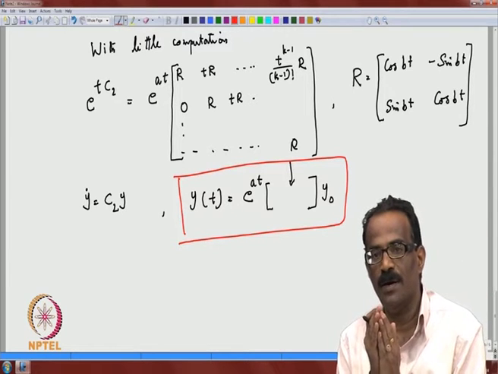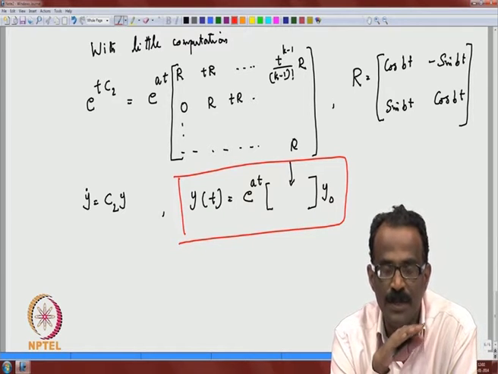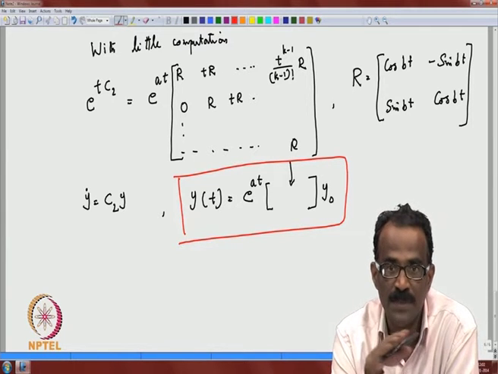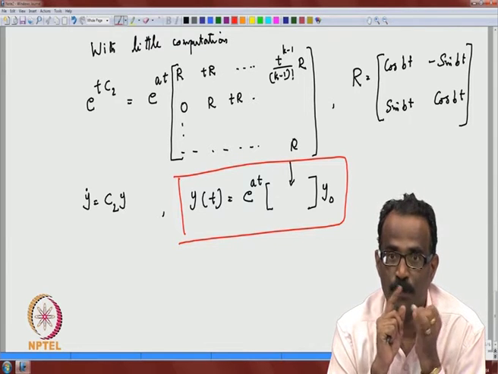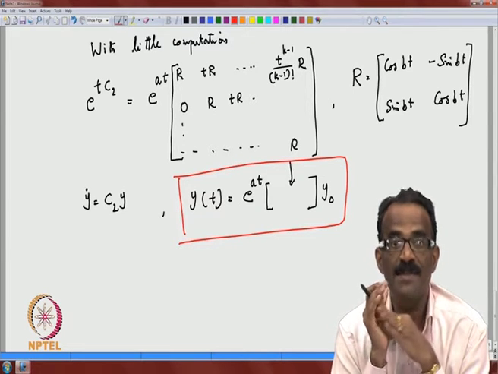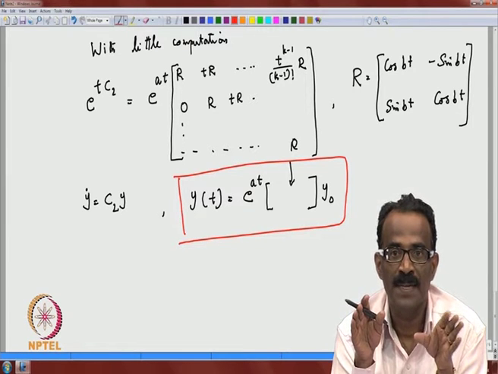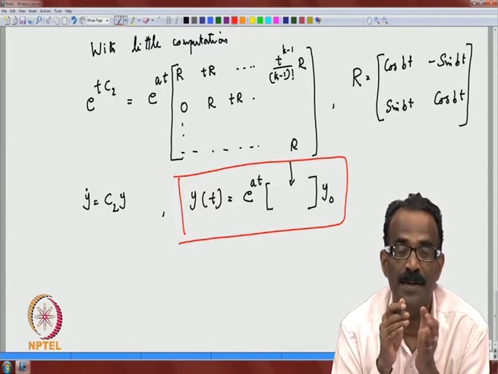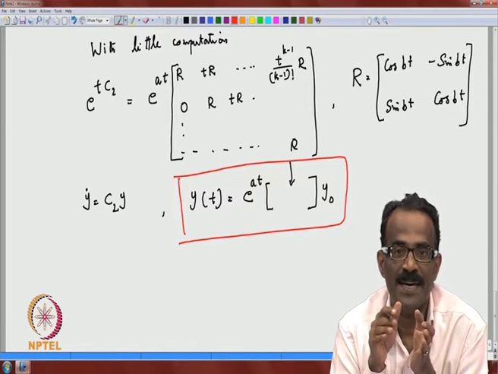The important point is that for every system you are reduced to systems of smaller size, and the only things coming in the solution are the exponential function, the polynomial functions because of t, t square etc., and the trigonometric functions. So every solution of your linear system is a linear combination of terms like t power k e power at cos bt, or t power k e power at sin bt.